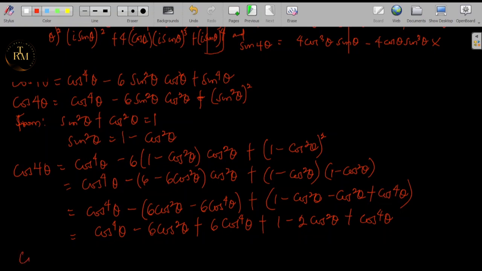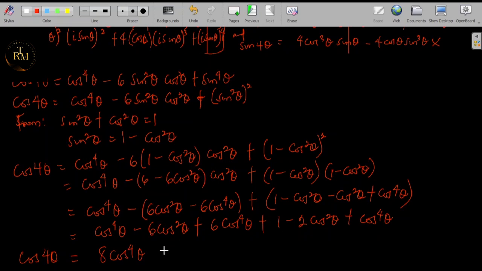So when I look at this now, I can see that cos to the power of 4θ plus 6 cos to the power of 4θ plus cos to the power of 4θ are like terms. So 1 plus 6 plus 1 will give me an 8 cos to the power of 4θ. Then minus 6 cos squared theta and minus 2 cos squared theta.